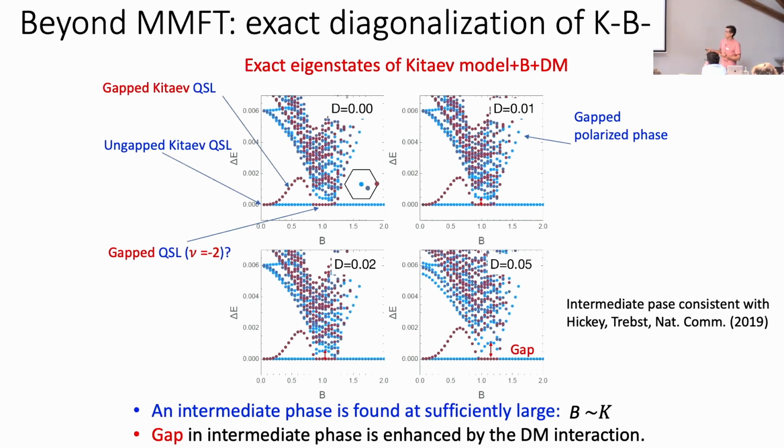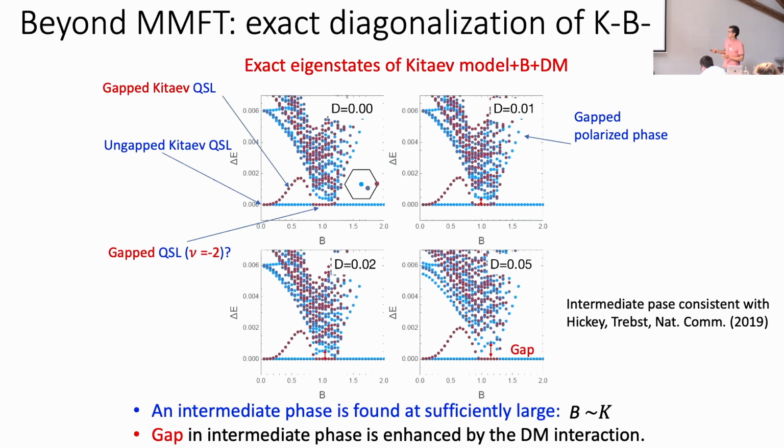What this is telling us is that, consistent with the Majorana mean field theory, there is something going on in between the Kitaev quantum spin liquid and the polarized phase. In this intermediate region, the spectra is forming nearly a continuum of states, but it's suggesting that really there is an intermediate phase there.